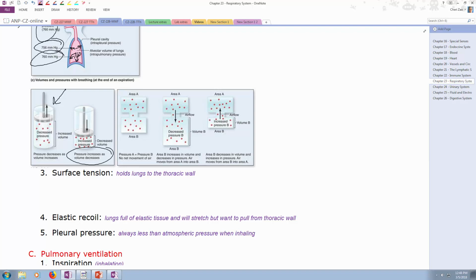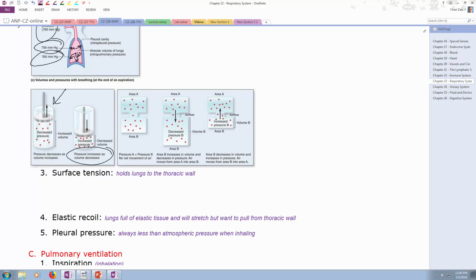That's why it was important for you guys to remember this also from our cardiovascular chapter. When we inhale, our diaphragm goes down, increasing the volume of our thoracic cavity and decreasing the pressure. When we exhale, which is actually a passive process, we just relax, the diaphragm goes up, the volume goes down, the pressure goes up.